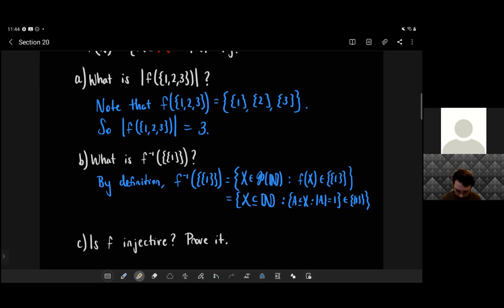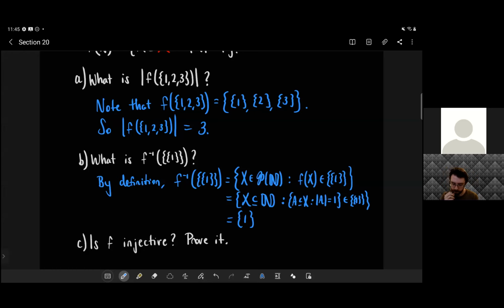It's a mouthful. So this is just the set containing one. And then I have to be careful, because I forgot set brackets around here.